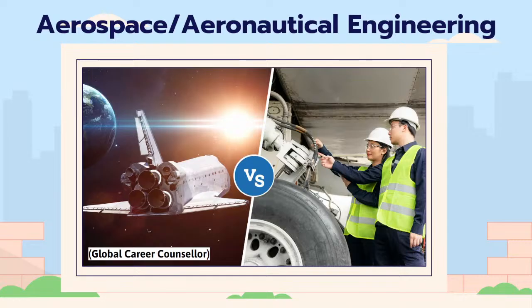Aerospace, like the one on the left with the rocket, deals with rockets and actual space, while aeronautical, like the one on the right with the two people working on, I think, an airplane, works more with airplanes or helicopters and anything that's flying in the sky. Does that make sense? Aerospace is more actual space, and aeronautical is more airplanes and helicopters and stuff like that.